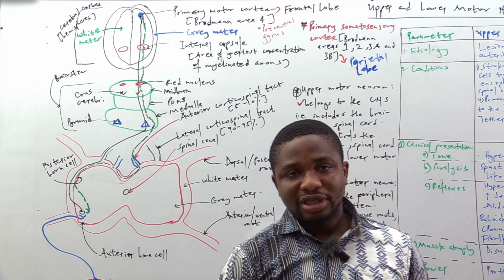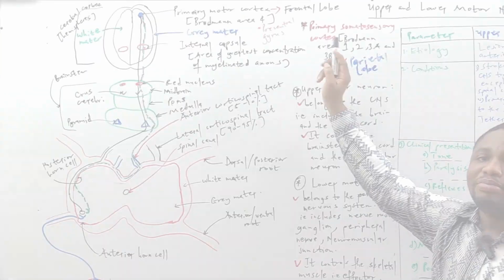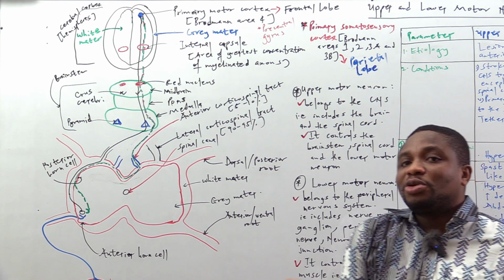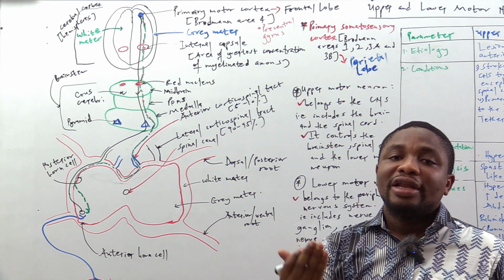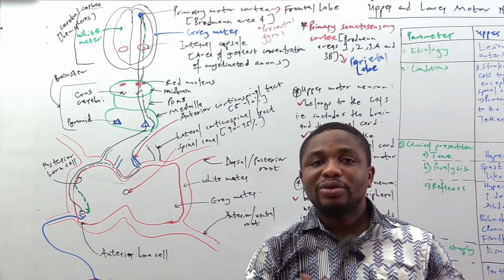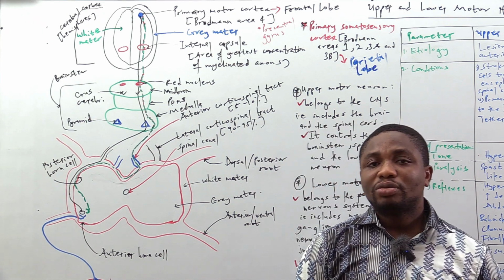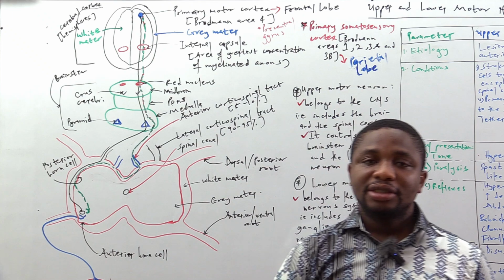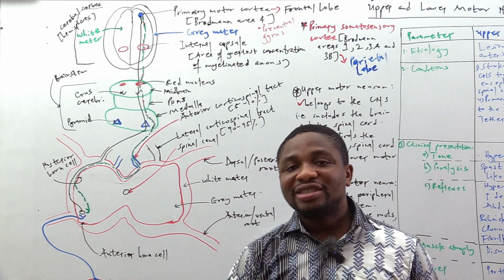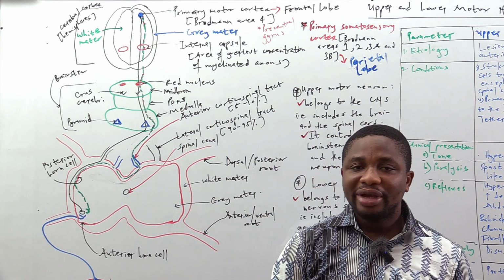Since we've spoken about the primary motor cortex, let's zoom in on what we call the primary somatosensory cortex. The primary somatosensory cortex has nothing to do with what? The motor impulses. But because we mentioned the primary motor cortex, it will be advisable to just talk about it. So the primary somatosensory cortex is located at the postcentral gyrus at the anterior aspect of the parietal lobe.